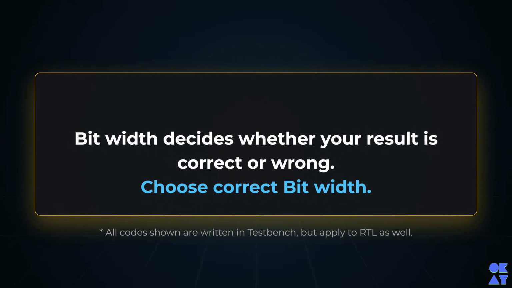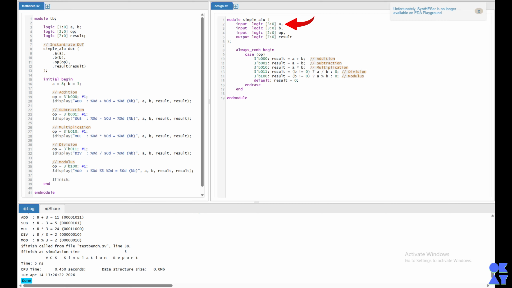You can also use them in RTL code. Here's a simple example. This has 3 inputs, A and B of 4-bit width, OP of 3-bit width, and output result of 8-bit width.